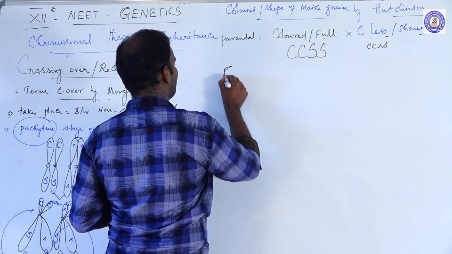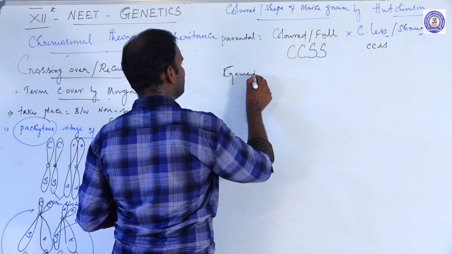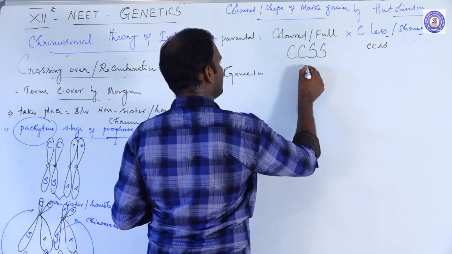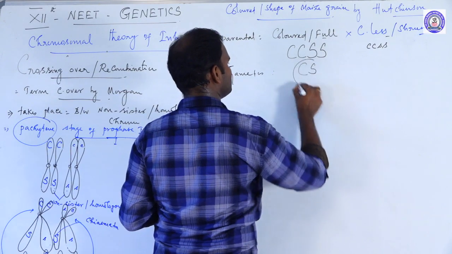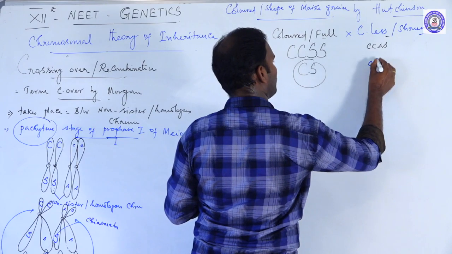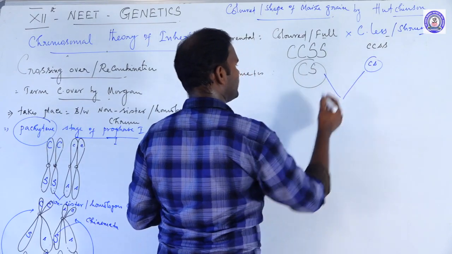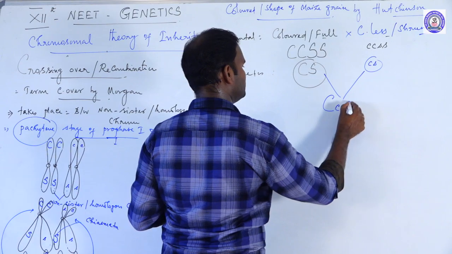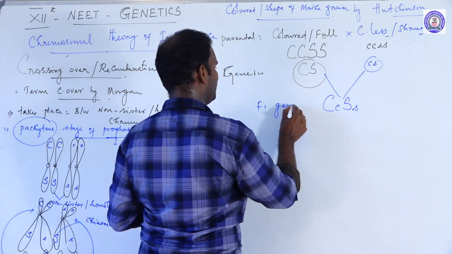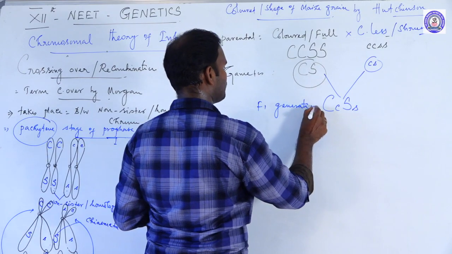At the time of gamete formation, the number of chromosomes is reduced to half. Here capital C, capital S, and here small c, small s, both fuse together to form a zygote: capital C, small c, capital S, small s. These are the first filial generation.